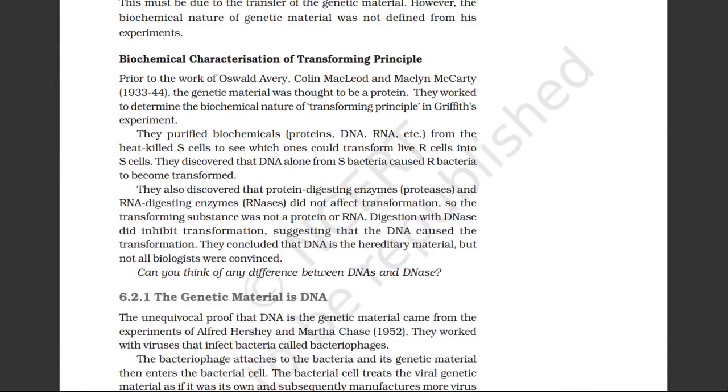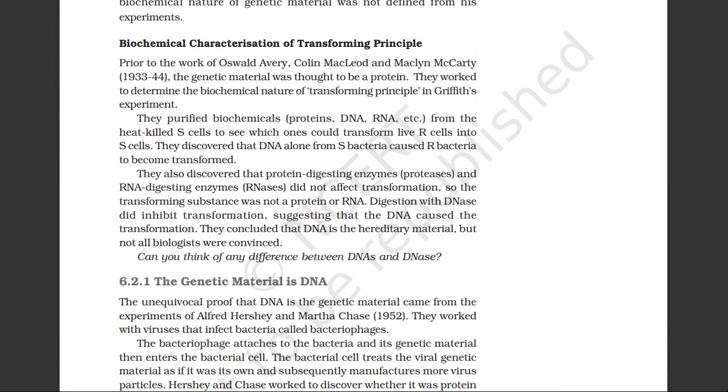Biochemical characterization of the transforming principle was done by Avery, Colin MacLeod and Maclyn McCarty, 1933 to 1944. The genetic material was thought to be a protein. They worked to determine the biochemical nature of the transforming principle in Griffith's experiment.